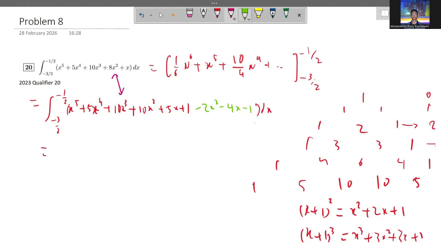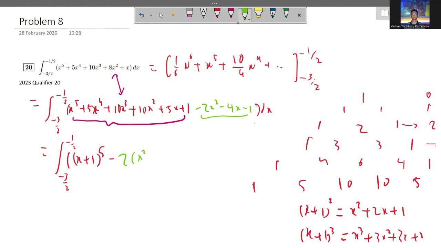So that means this part here is x plus 1 to the power 5. So our integral becomes x plus 1 to the power 5 minus 2 times x squared plus 2x plus 1, but with an adjustment.